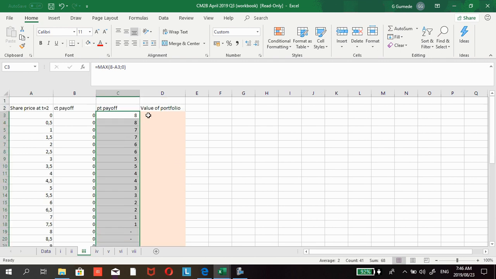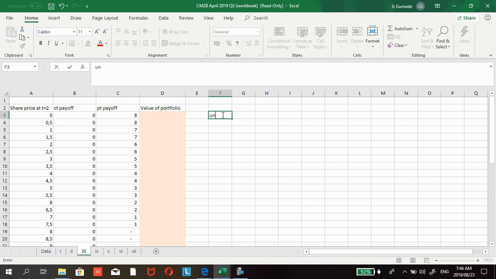Okay, so now what will be the value of the portfolio? Now, for some reasons, you will see later why I am doing this. I'm going to write down my units here. So I've got stock, I've got the call option, and I've got the put option. Okay.